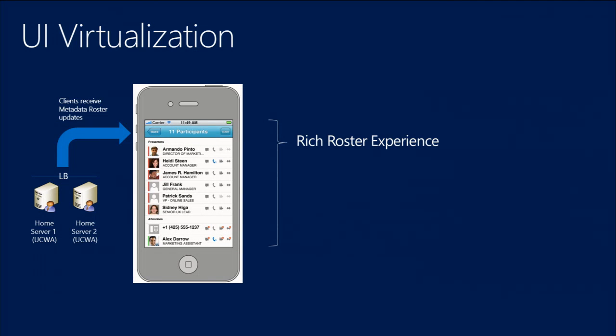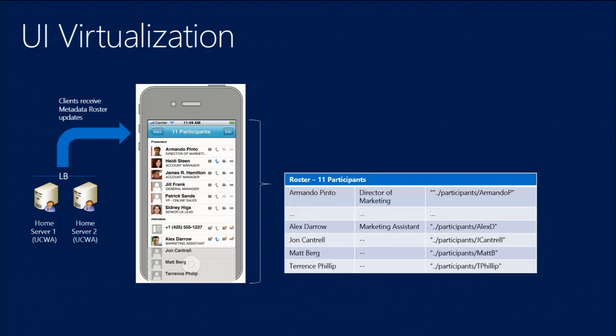In the phone, we can actually see the roster list, or who's in the conference. So the mobile user is not disconnected from that conference experience. They have an idea of who's talking and who's in the conference. And then here is just showing a little bit more detail about that roster list itself.